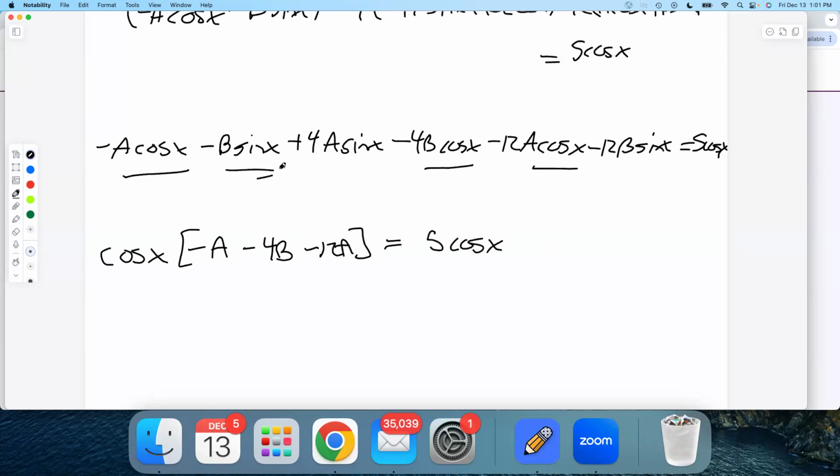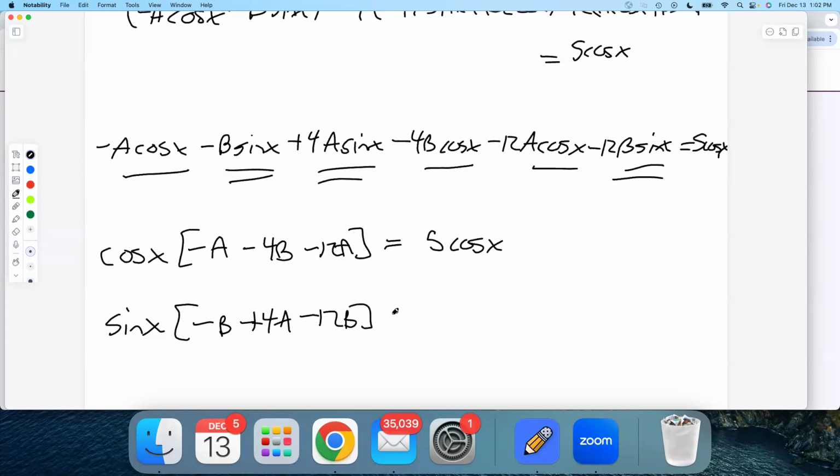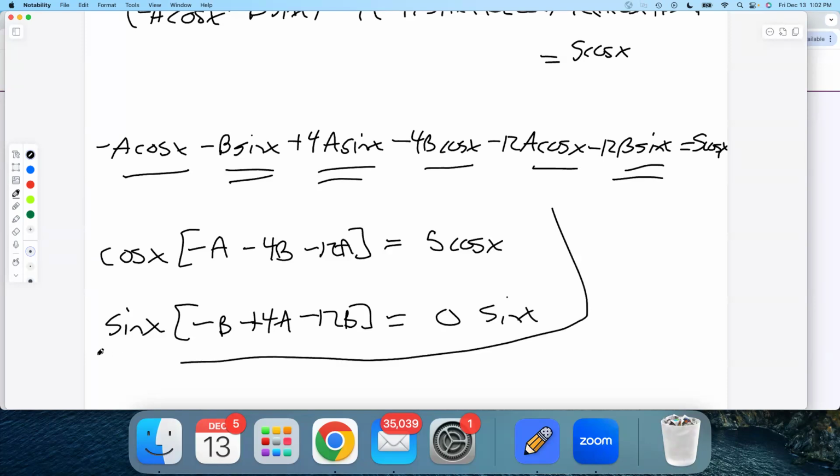Now let's collect all of our sines together. So times sine, I've got a negative b, a 4a, and a minus 12b. How many sines do I have on the other side? 0 sine. Okay, so I'm going to circle this because that's an important step there.